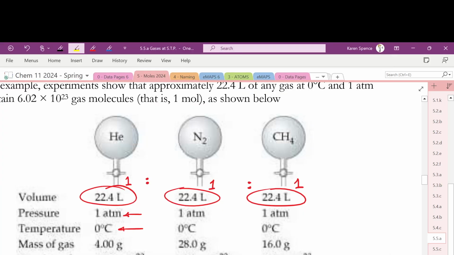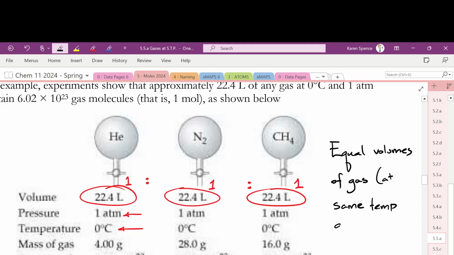We had determined that equal volumes of gas at the same temperature and pressure. Do you guys remember anything about what is true about equal volumes of gas at the same temperature and pressure?